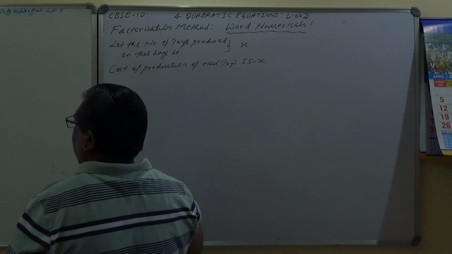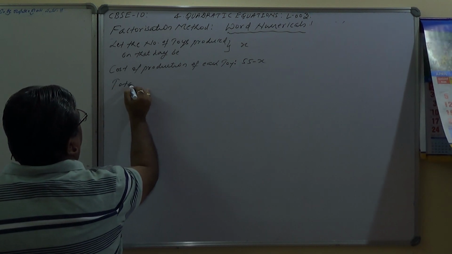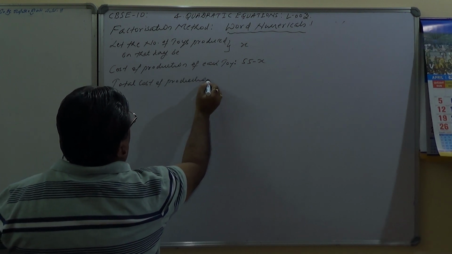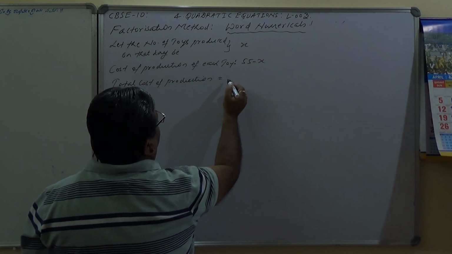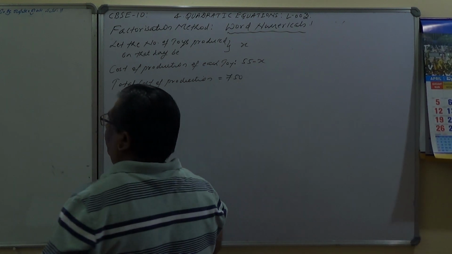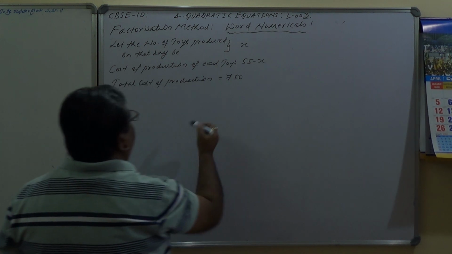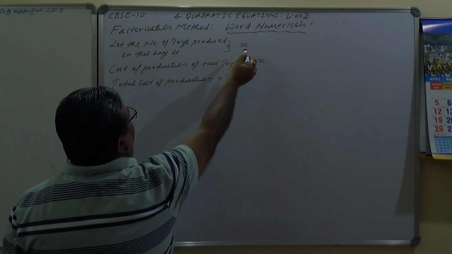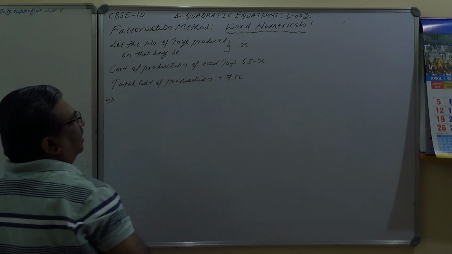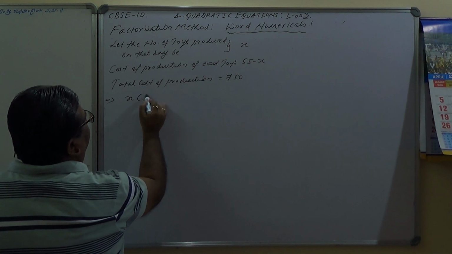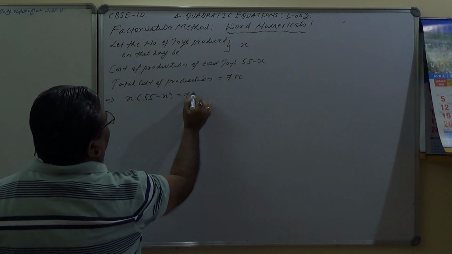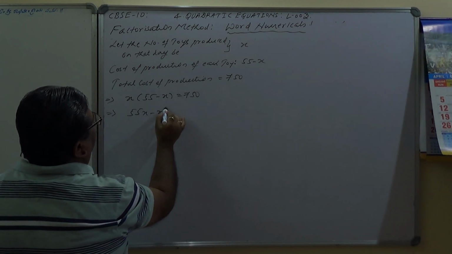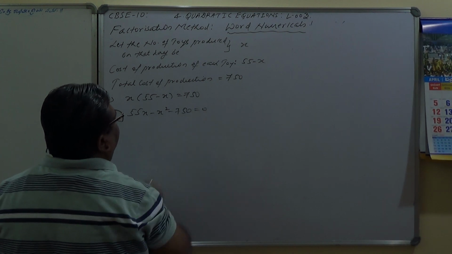Next, the total cost of production on that day is rupees 750. What is the total cost of production? Cost of each toy into total number of toys gives you the total cost of production. Therefore, X into 55 minus X equals 750, which implies 55X minus X square minus 750 equals 0.